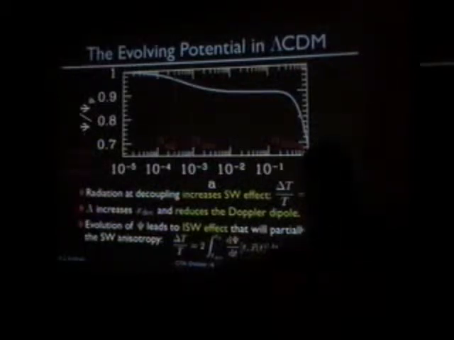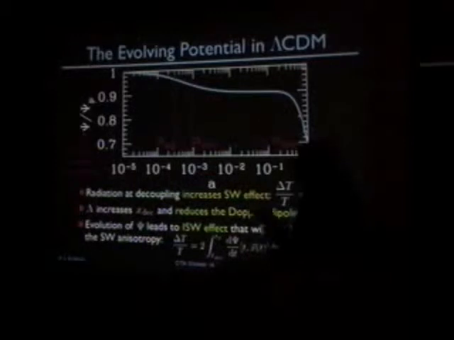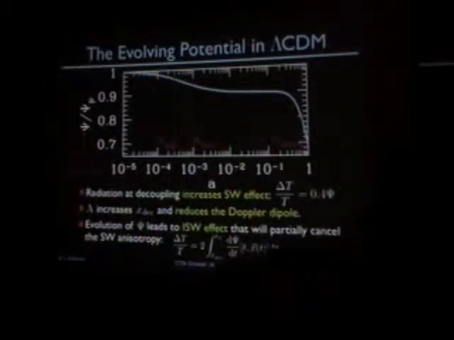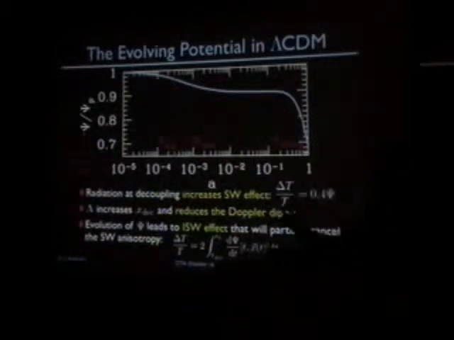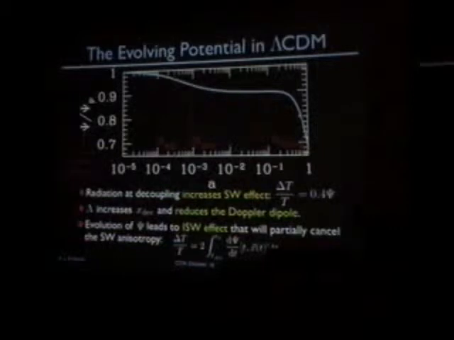So that comes from, in the normal calculation for the Sachs-Wolfe effect, the temperature perturbation at decoupling is related to psi. It's related to psi at decoupling minus 3/2 its primordial value.